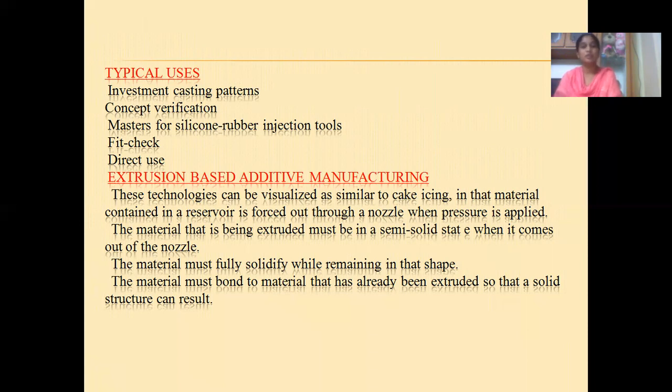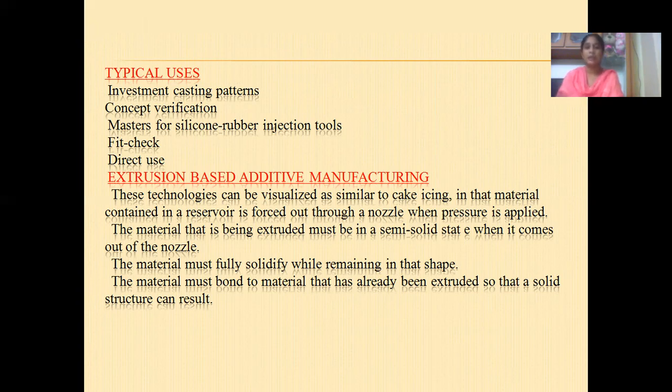When we say extrusion based additive manufacturing, the technologies can be visualized as the product running inside the model, and we can see from the front side of the system how the product is going on, step by step.